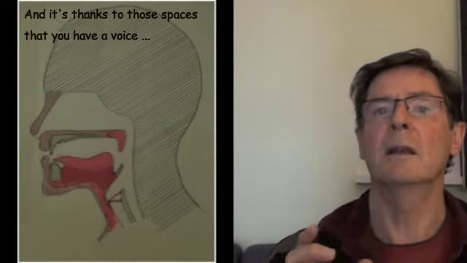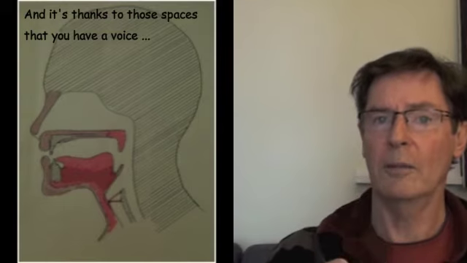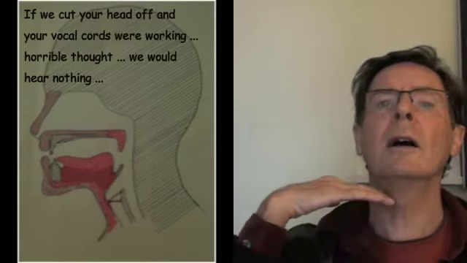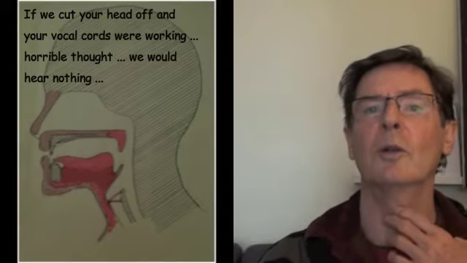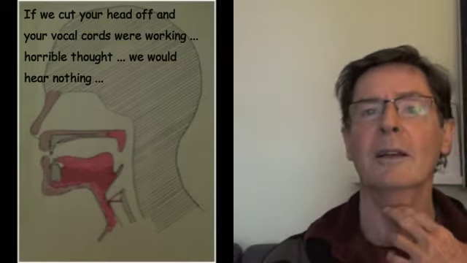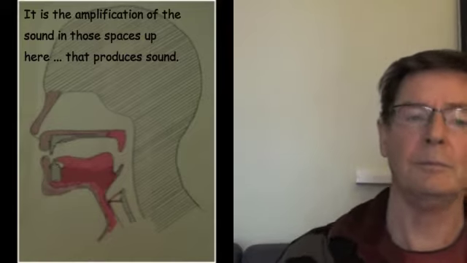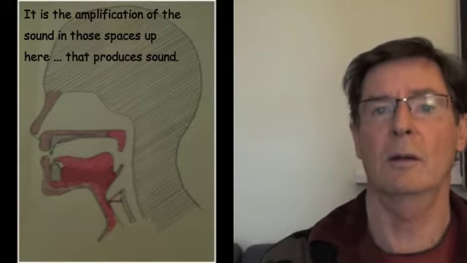And it's thanks to those spaces that you have a voice. If we cut your head off and your vocal cords were working, horrible thought, we would hear nothing. It is the amplification of the sound in those spaces up here that produces sound.